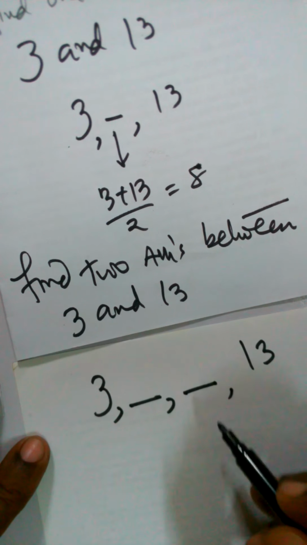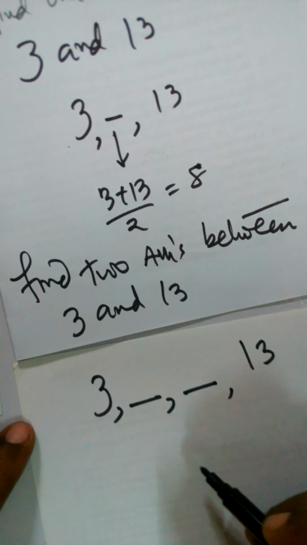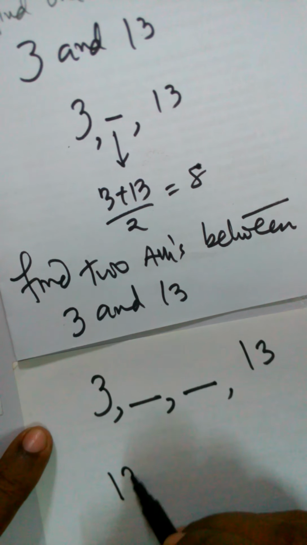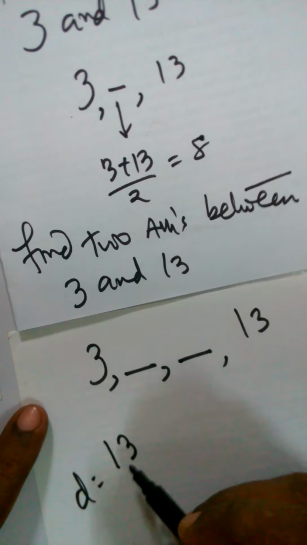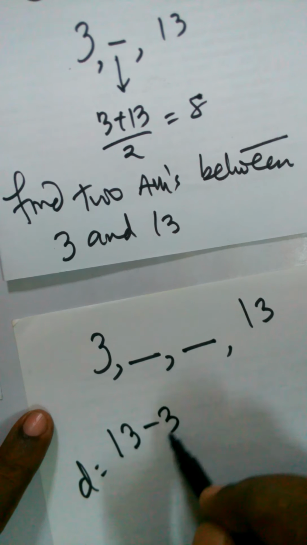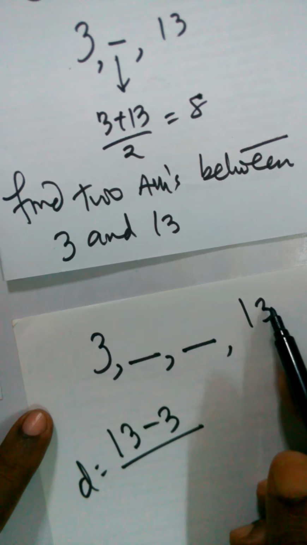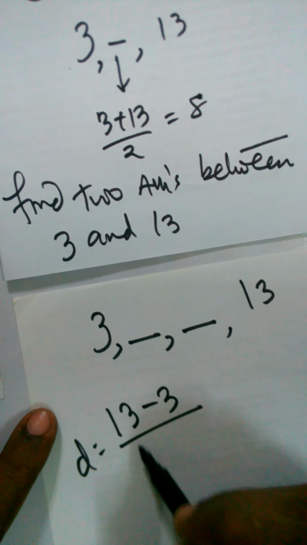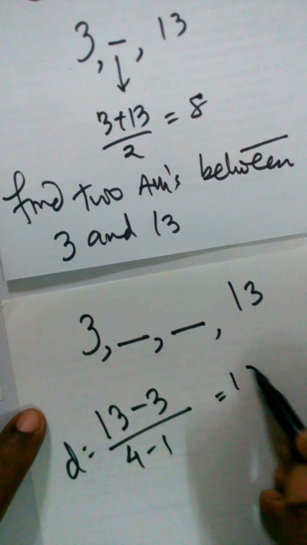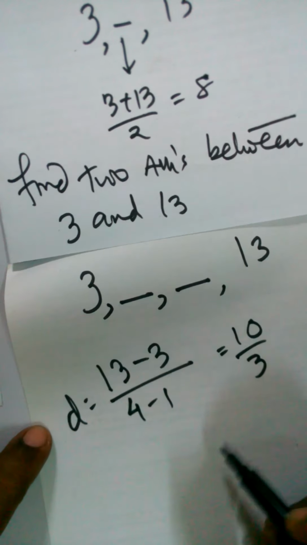Why? Because two arithmetic means. So all you need is the difference D. So D will be (13 minus 3) divided by (4 minus 1). So 10 by 3 is your difference.